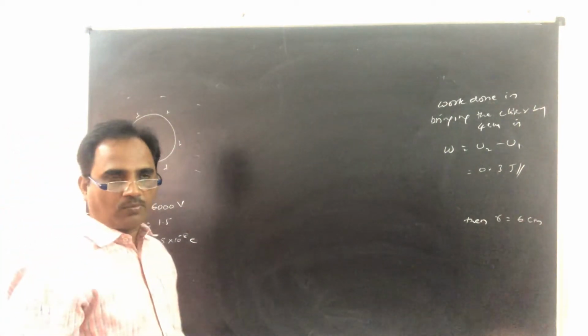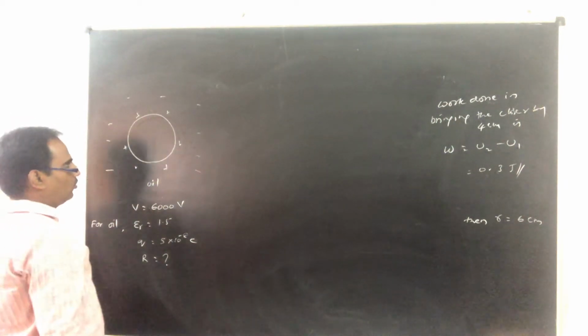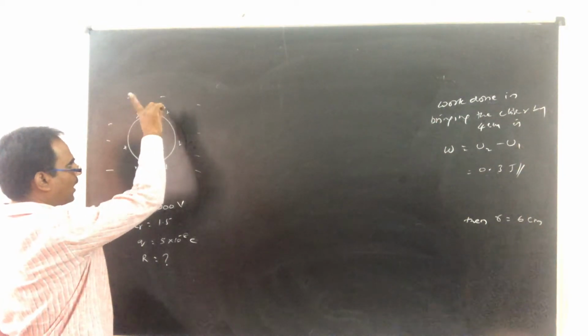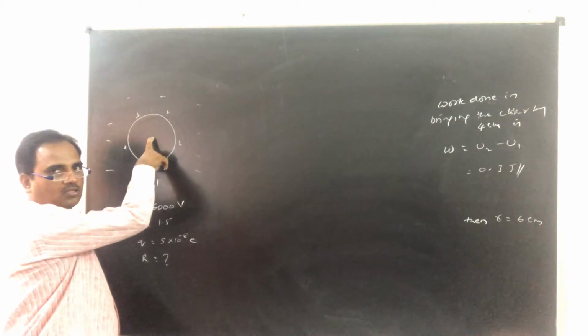So this is a simple problem. You know that a charged spherical conductor acts like a point charge at its center.